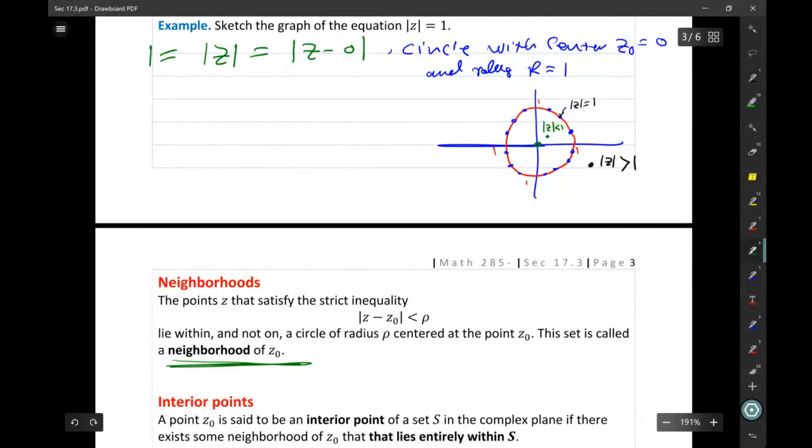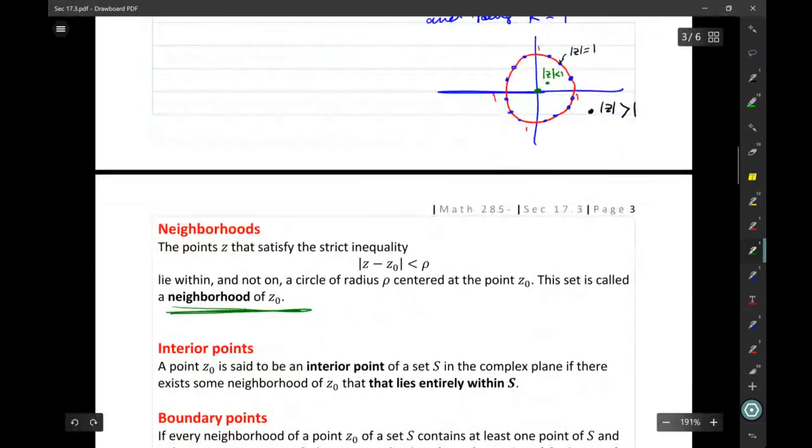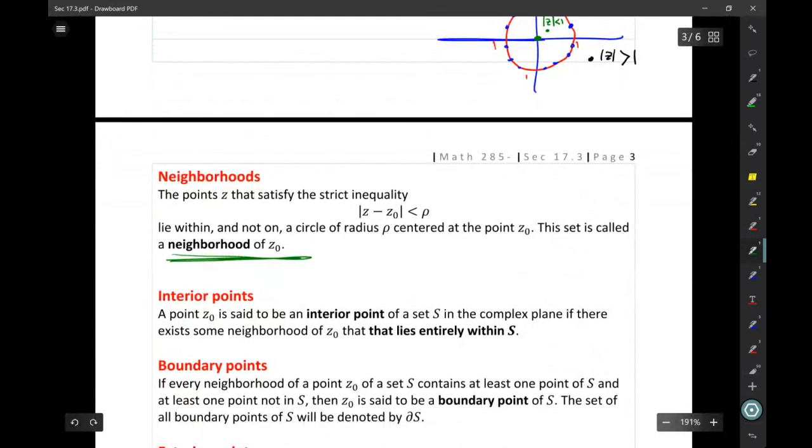When we have this number z naught, the neighborhood is the set of points which are inside the circle.